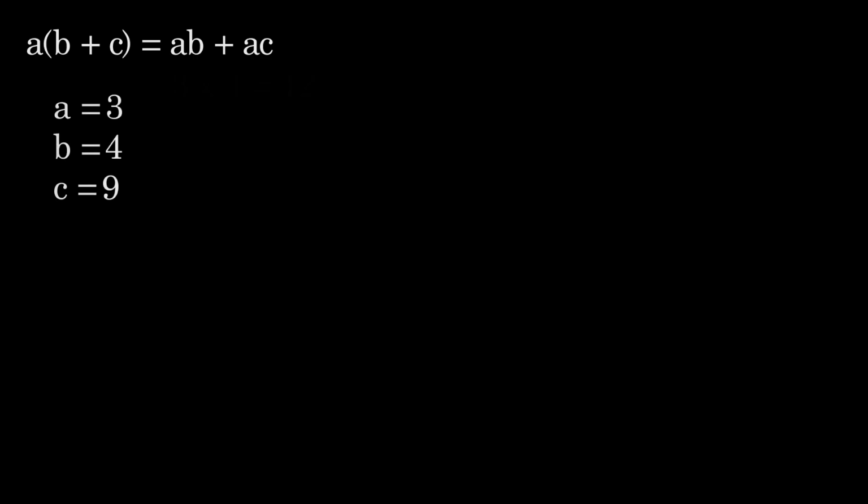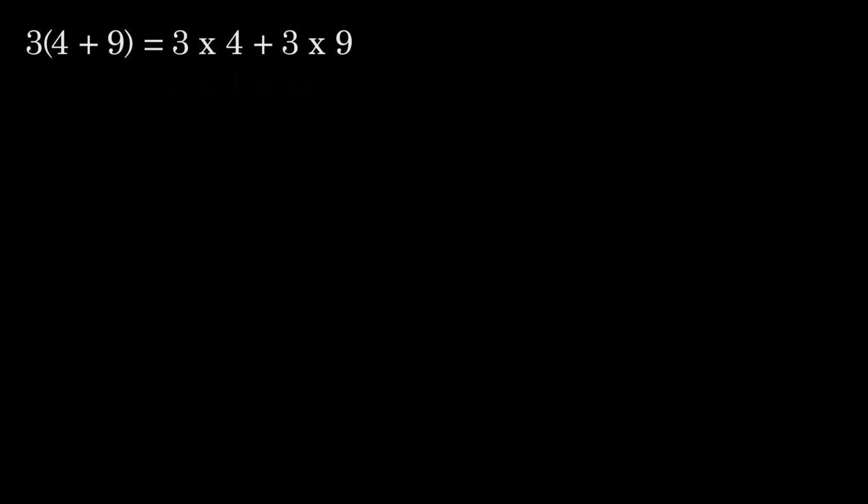Now, it's easy enough to test that out if we just substitute in some values. Let's just look at a equals 3, b equals 4, and c equals 9. If we substitute those values in, we get the following. 3(4 + 9) = 3 times 4 + 3 times 9. So what this is telling us is that if we want to solve 3(4 + 9), we do so by multiplying 3 times 4 and 3 times 9, and then summing those two products together.